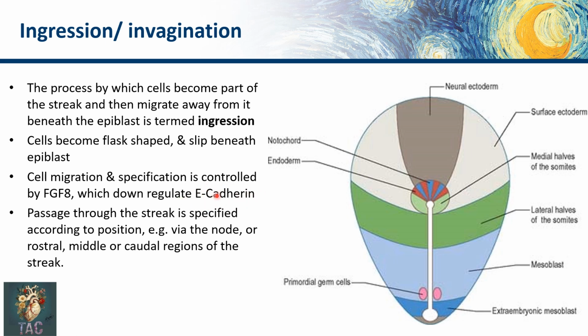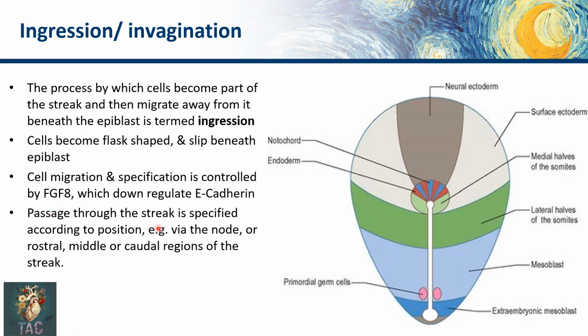This E-cadherin protein is responsible for the junctions between the epiblast cells, and epiblast cells are present as the ectodermal cells. When there is a down regulation of E-cadherin, these cells become loosely attached to each other, then they become flask shaped, and then they start to migrate.